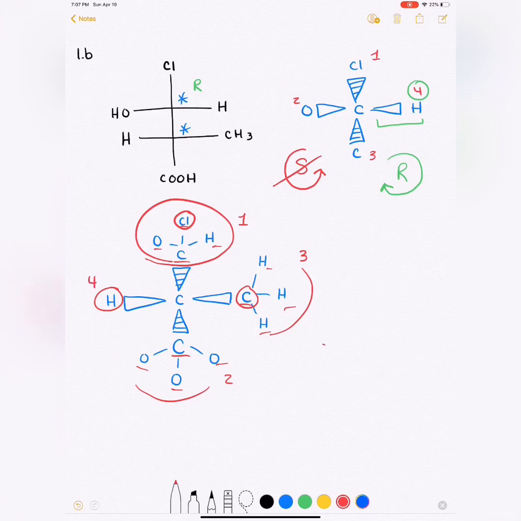Going from 1 to 2 to 3, it once again appears that we're going in a counterclockwise direction, giving us an S conformation. But looking closer, you can see that this is also incorrect. This hydrogen is still on a wedge bond, and it is our lowest priority group. When assigning chirality, the lowest priority group must be in the back, so we can just choose the opposite chiral center, giving us an R conformation.